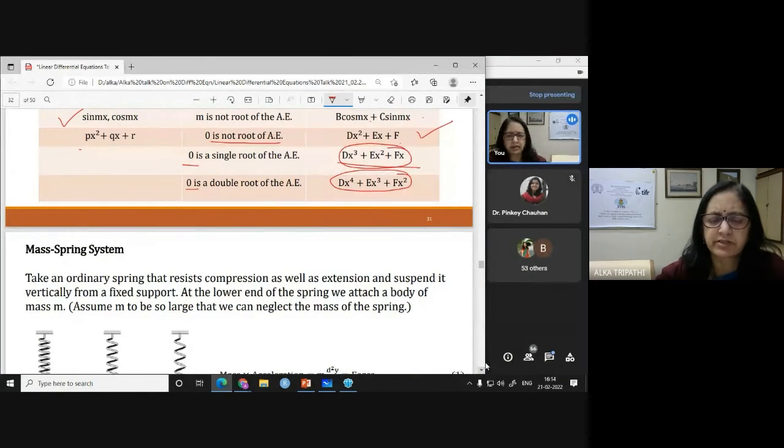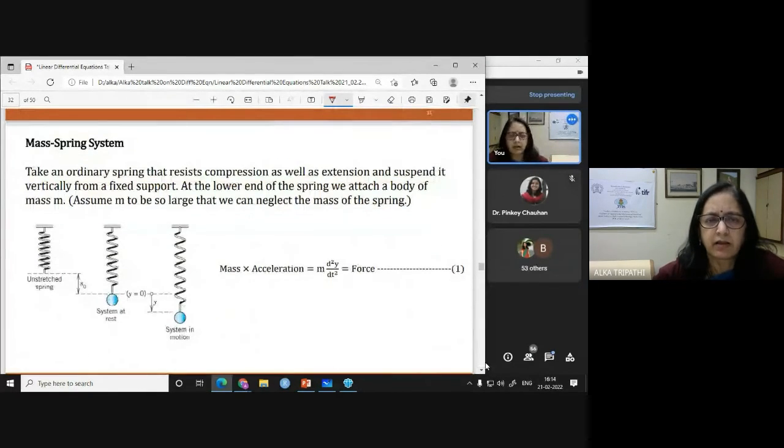Now, as I said in the starting, second order differential equations have many applications in mechanical and electrical circuits. So let us take a basic mechanical system, a spring which resists compression and extension, suspended vertically from a fixed support, and let us attach a ball with mass m, where the mass of the ball is such that we can neglect the mass of the spring.